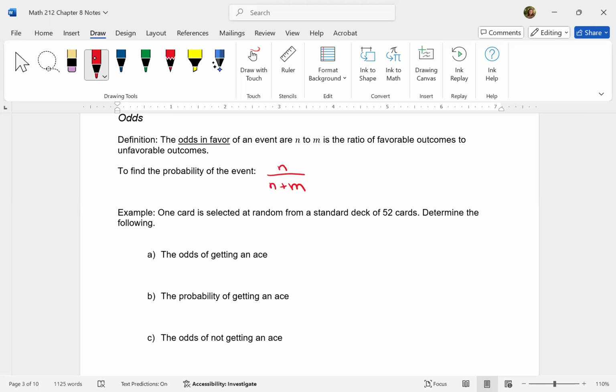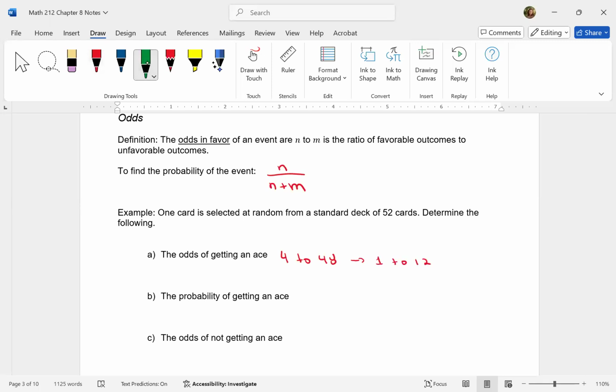The odds of getting an ace: there are 4 aces in the deck. That leaves 48 non-ace cards. So the odds are 4 to 48, but you can reduce that to 1 to 12.